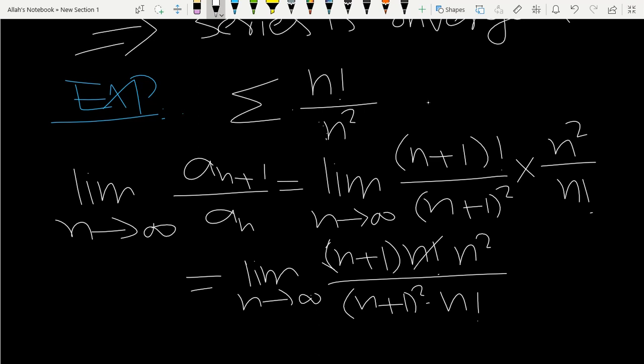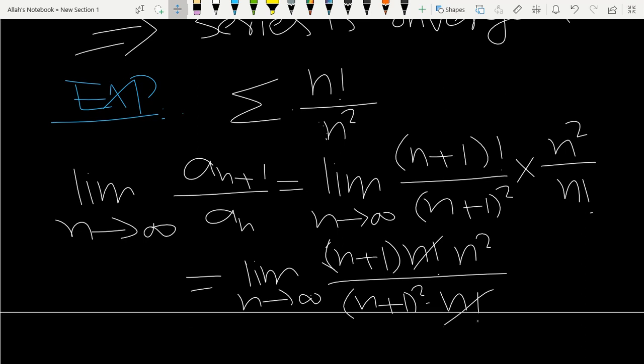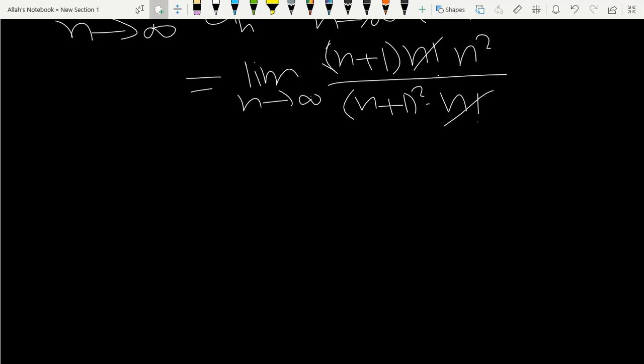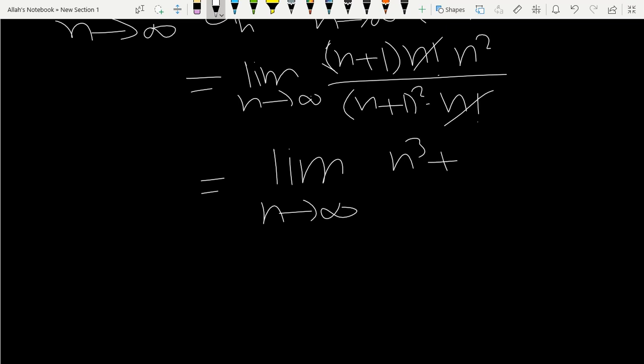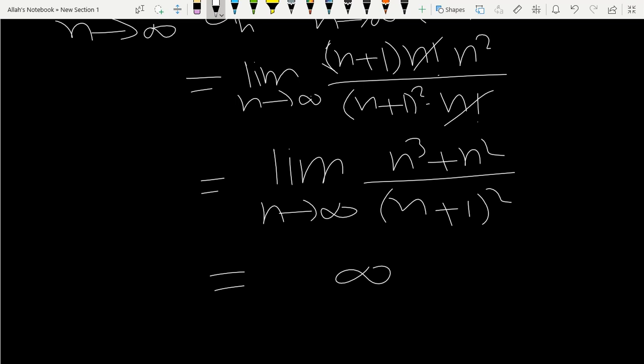N factorial is cancelled out with n factorial, and if we check the exponent of n in the numerator, it is greater than the exponent of n in the denominator, means it is n cubed plus n squared over (n+1) squared, and after applying the limit we get infinity.